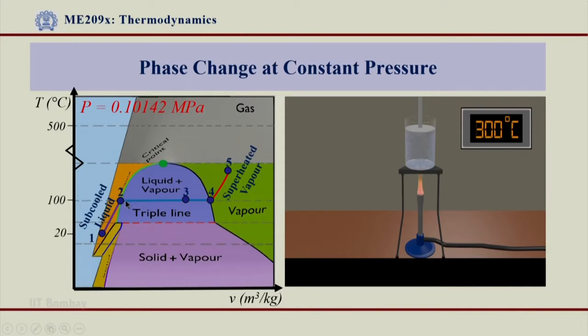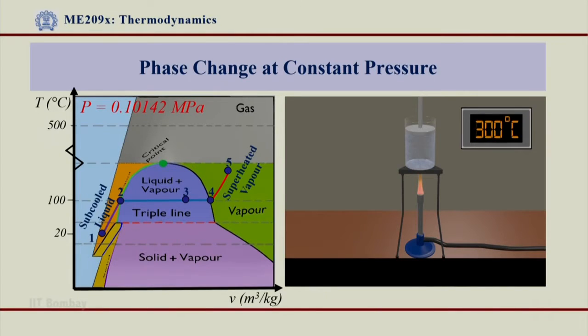During this phase change process from 2, 3, 4, the temperature remained constant. Of course, the pressure is always maintained constant here. And at point 4, suddenly temperature started increasing from 100 degrees centigrade up to 300 degrees centigrade, which is the point at 5. And this is what a process would look like when I heat water. Heating is done at constant pressure.